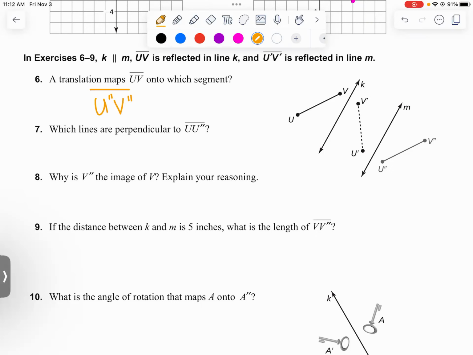Okay. Which lines are perpendicular to U double prime? So if I draw this line right here, which lines are perpendicular to that orange line that I just drew? K and M? Yes. Okay, that's part of that theorem, is that these end up being perpendicular to that distance, okay?